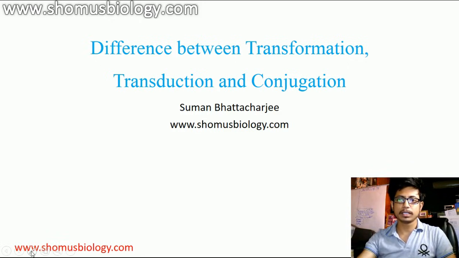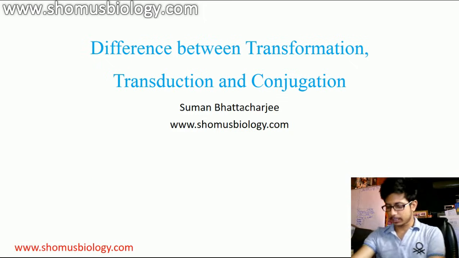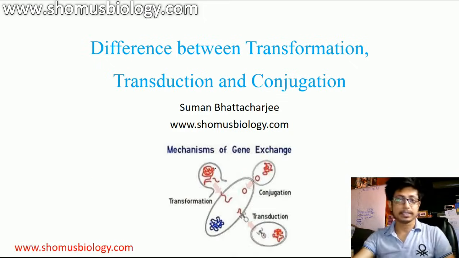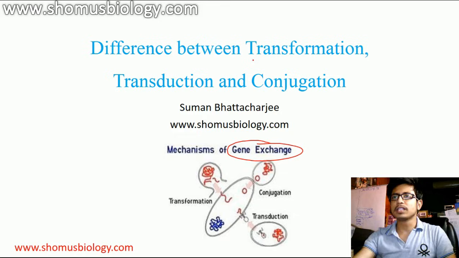Now in all these cases, if I put it in a simplified fashion, all of them are gene exchange methods between two bacteria of the same generation. Now the process of transformation is where the DNA or a fragment of the DNA is taken directly by the adjacent bacteria.